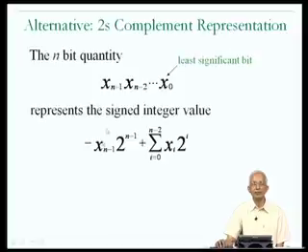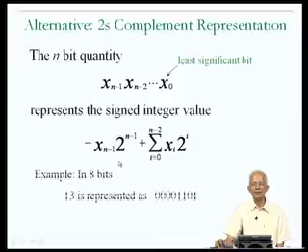In other words, if the most significant bit that we see over here is a 0, then this is going to be x n minus 1 multiplied by 2 to the power n minus 1. So it's going to have a positive value of great magnitude. And if it's a 1, then this is going to have a negative value of a great magnitude.